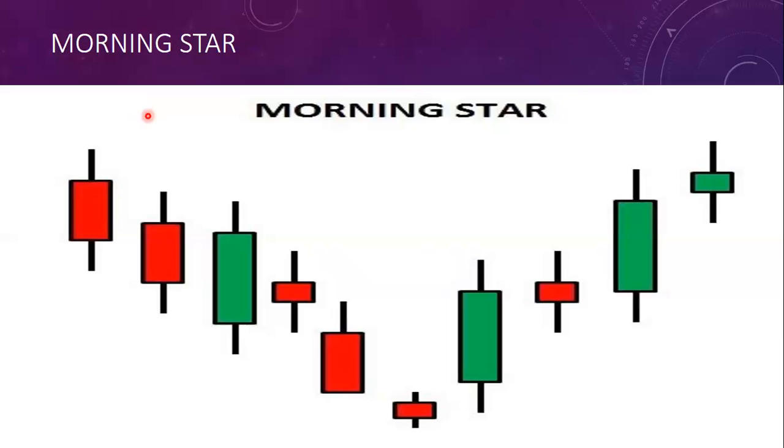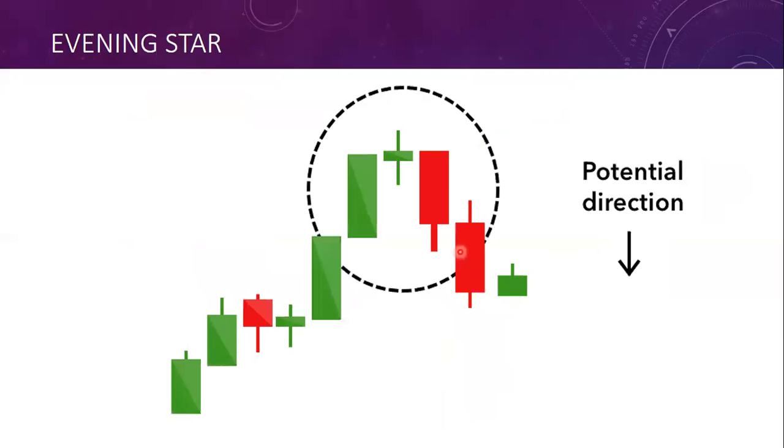About the evening star, the doji is the same one that was called the unpredictable or the unstable. Yes, it's doji. It could be a normal doji like here, okay? It could also be a hanging man. You understand what I mean?